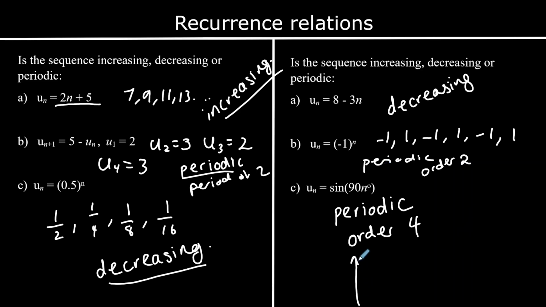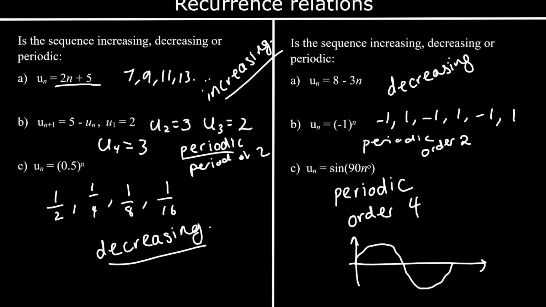So the sine graph is this one. So it's going to be 1, 0, -1, 0, and then repeat 1, 0, -1, 0. So it's a periodic order 4.